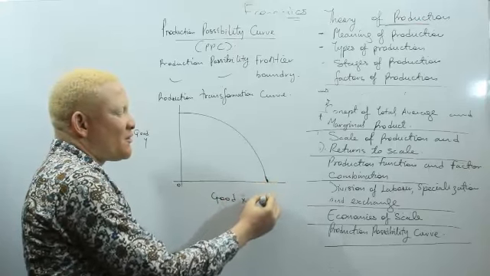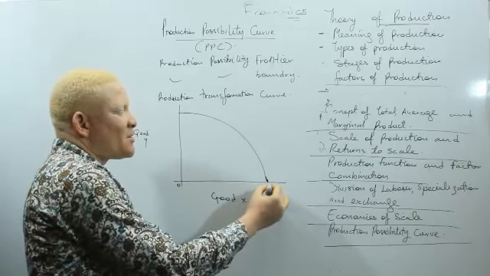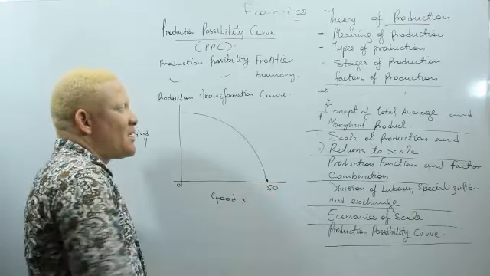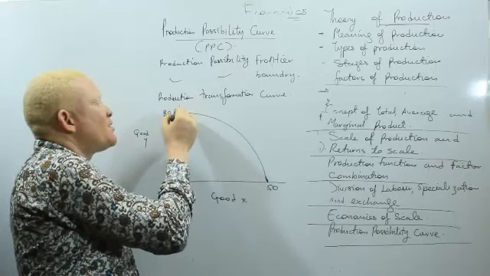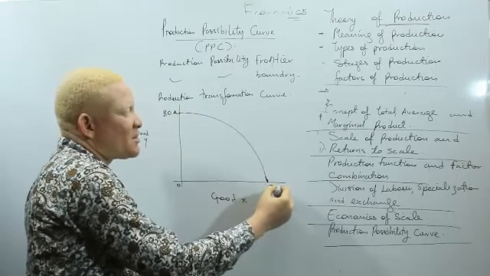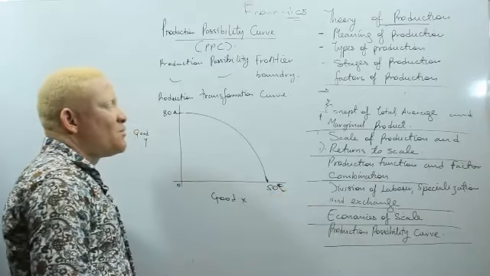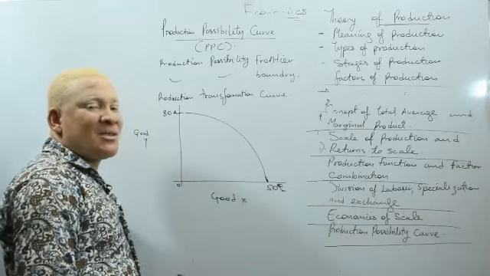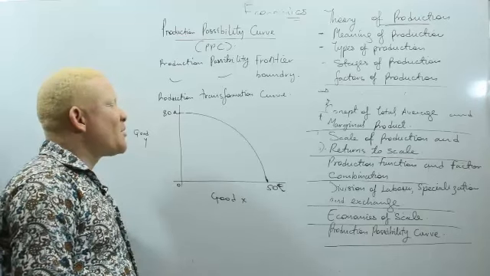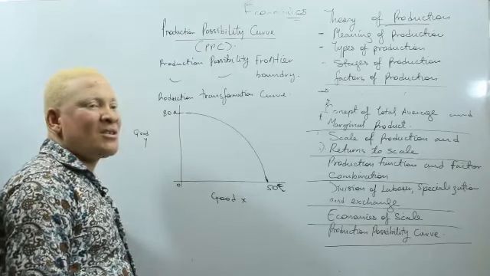Now what this means is that when we concentrate all our resources on the production of commodity X, we produce, say, 50. But when we concentrate on producing Y, we produce maybe 80. So this is point A, and this could be point E. But definitely, there's no rule that restricts us from coming up with a combination of both of them.